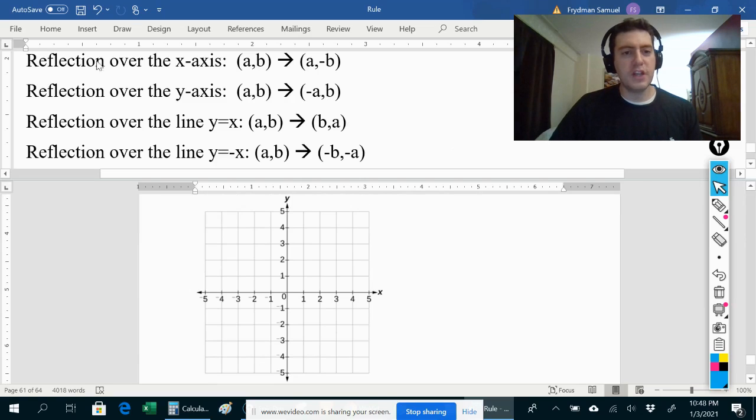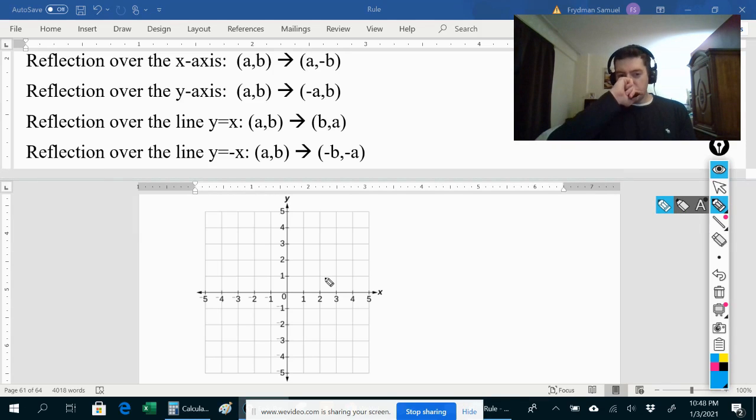Okay, so a reflection over the x-axis. So here's the x-axis right over here. That would bring a point with coordinates a, b to a point with coordinates a, negative b. So for example, if I have the point, let's say, 4, 2, and I reflect that over the x-axis, the reflection would be, let's count, 1, 2, and then on the other side, 1, 2.